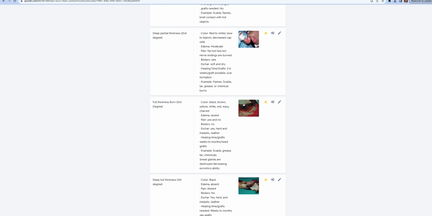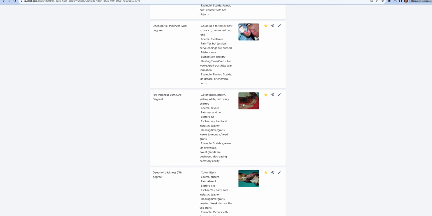With full thickness burns, okay, the color is now, I call it the rainbow, a lot of different colors. Black, brown, yellow, white, red, waxy, and charred. Edema is severe. They are not going to have pain within the wound bed, but they will have pain around the edges, so you still have to medicate your patients. Okay, no blisters.